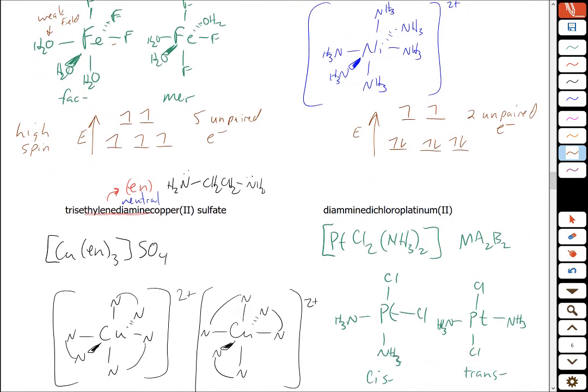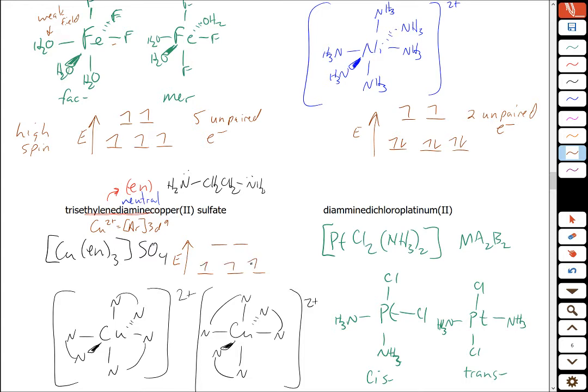We go to copper. This is copper 2, as shown there. Copper 2 is argon 3d9. Okay. Argon 3d9, again, d9 is not an electron configuration that shows high spin, low spin.